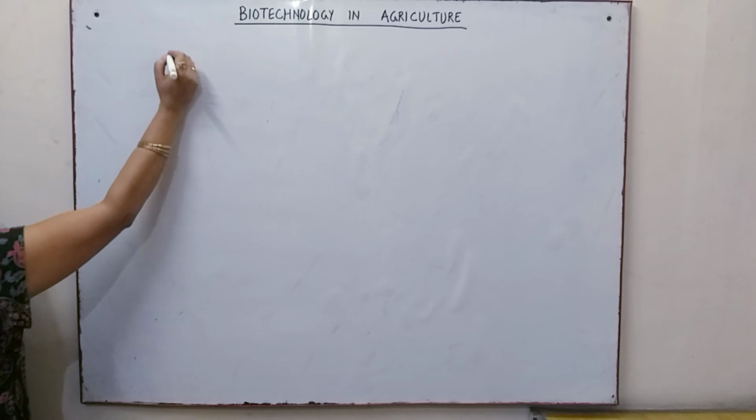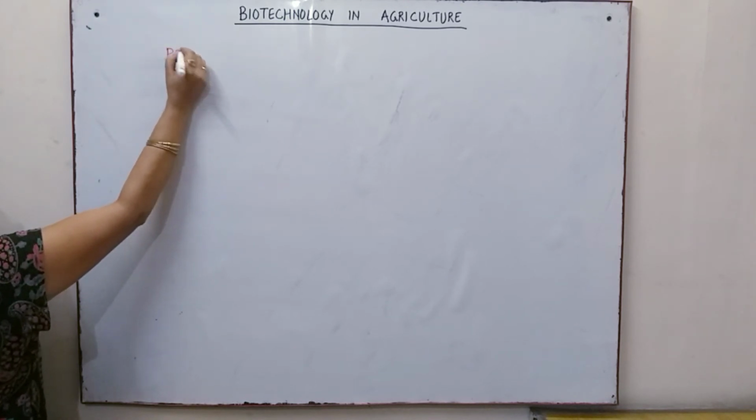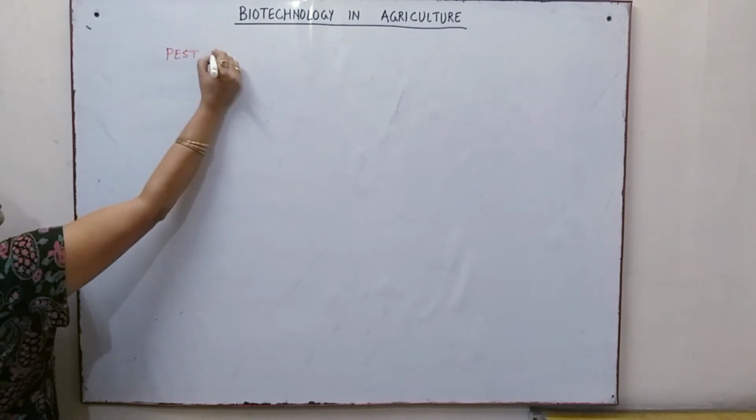In this video, we are going to study how biotechnology is being used in agriculture. Biotechnology in agriculture is being used extensively, and one of the major applications is the development of pest resistant crops.